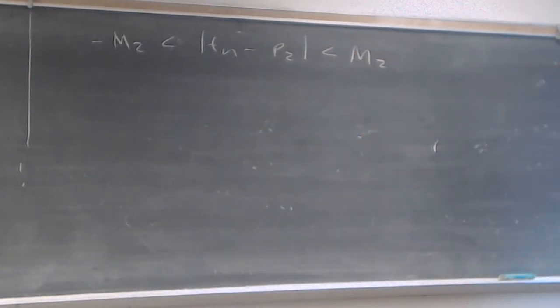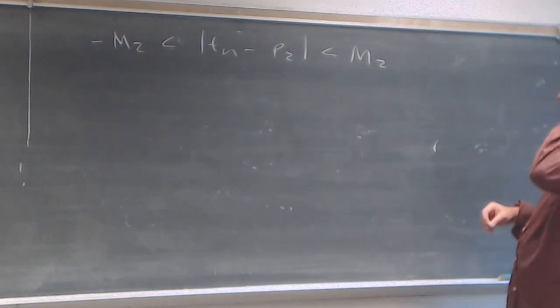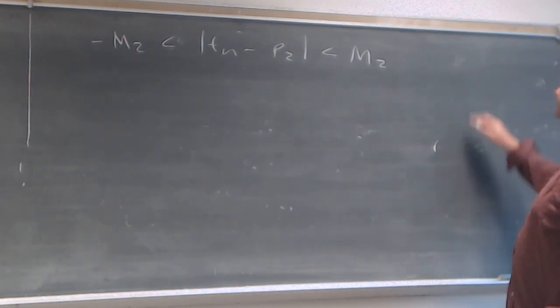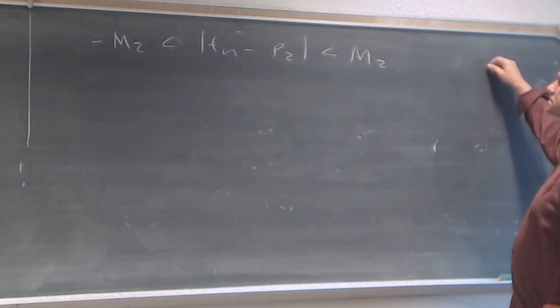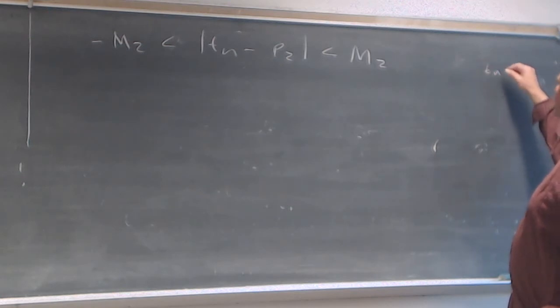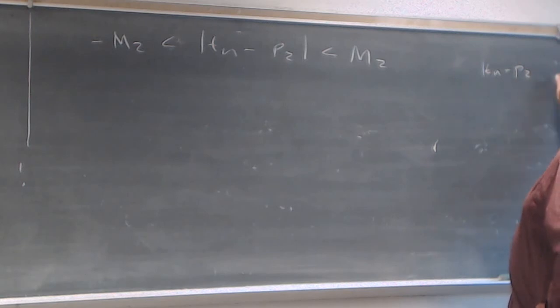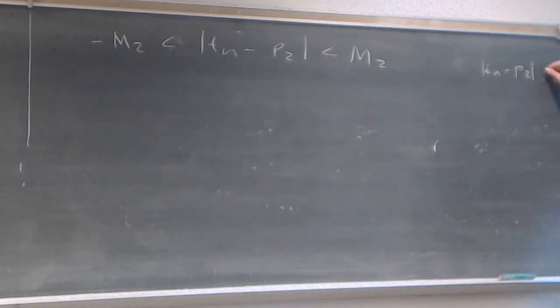Okay, so let's see. I want to say something about this bounding T sub n. Probably very silly, but isn't this the same thing as the absolute value of T sub n plus minus P sub 2?